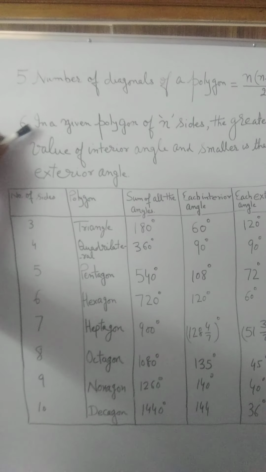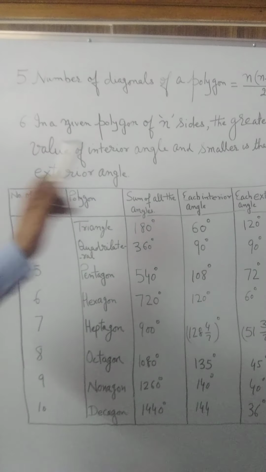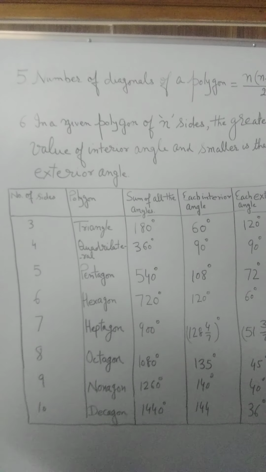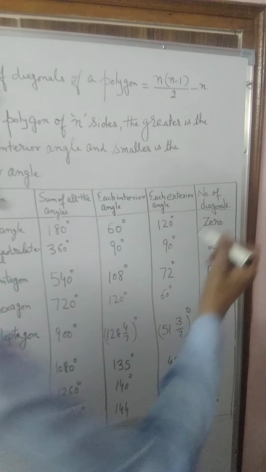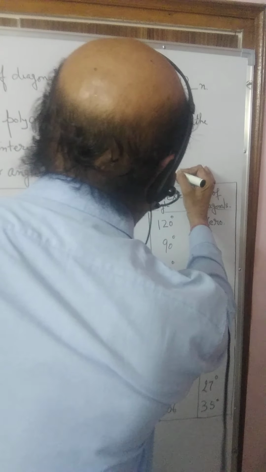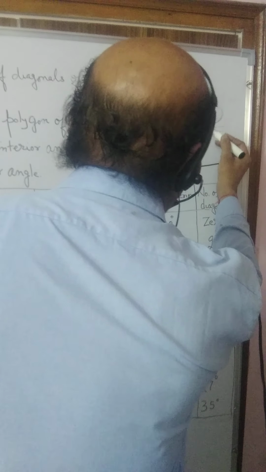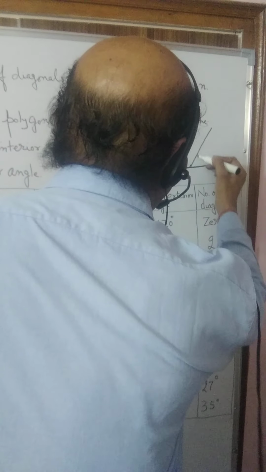Number 6: in a given polygon of n sides, the greater the value of the interior angle, the smaller the exterior angle. See here on the board, in any polygon we have angles in this form.